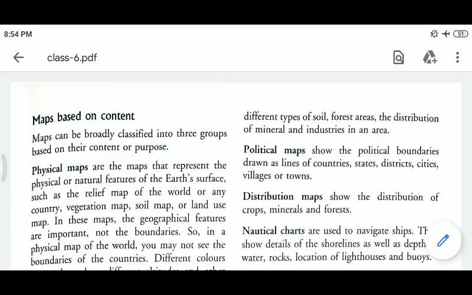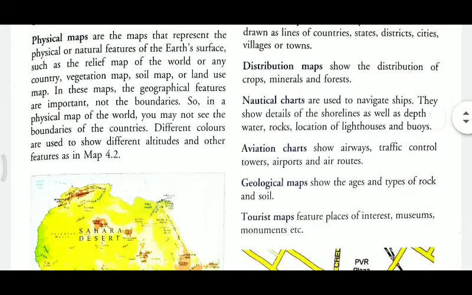Nautical charts are used to navigate ships. They show details of the shoreline as well as depth of water, rocks, location of lighthouses, and views. Dear student, nautical charts help in navigation of ships.